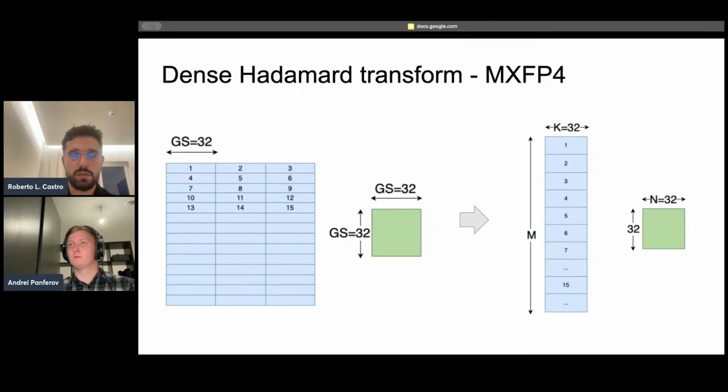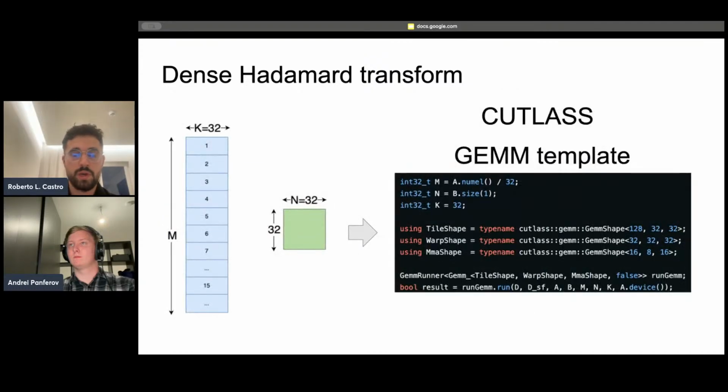Taking advantage of this alternative way of solving this Hadamard transformation, we have defined a custom CUTLASS GEMM template to execute this in the following way. The inner dimension, which is this one over here, is going to be fixed to 32.